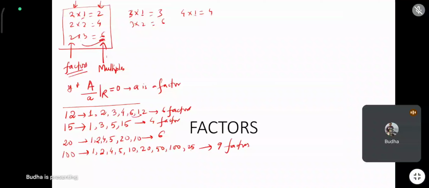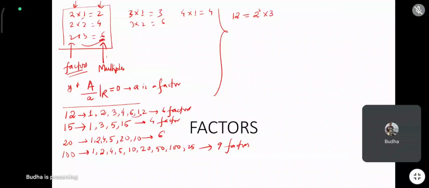अब देखो थोड़ा सा दिमाग लगाते हैं इसमें. If you look at the factors, let's identify the factors for 12 first. So if I write 12 as 2 square into 3, so factor 12 as 2 square into 3. Now look at the factors of 12.